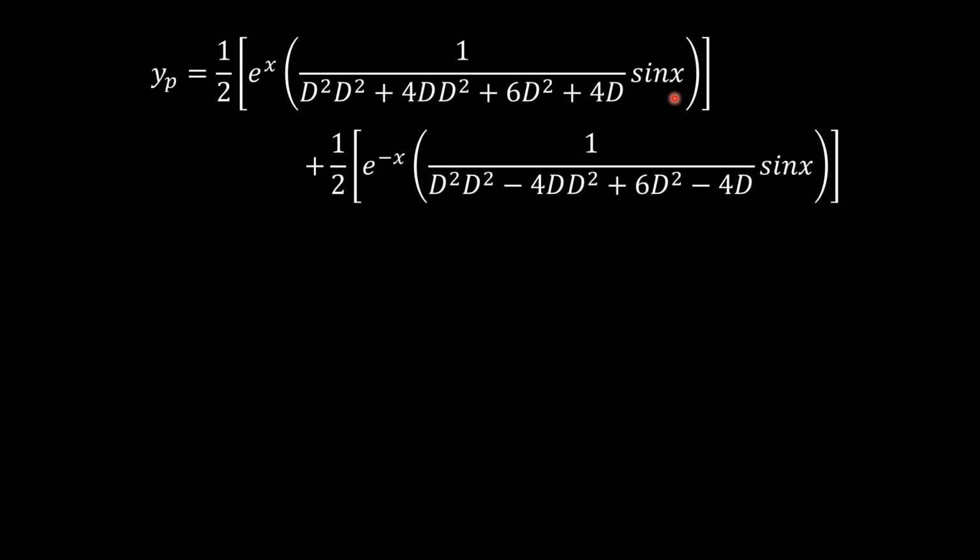Now the coefficient of x in the trigonometric function is 1. Hence we replace D square by minus 1 square, which is equal to minus 1. So put this value, replace D square by minus 1 in both the terms.